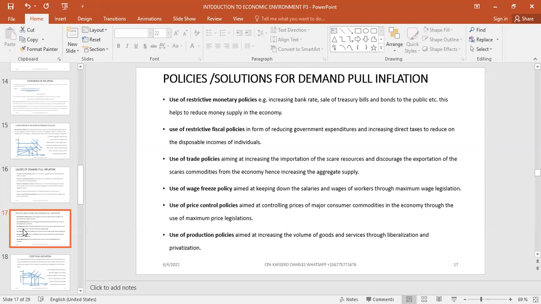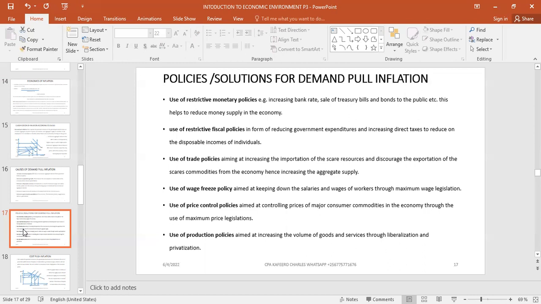The other thing you can also do is the government can sell those treasury bills and bonds to the public. When they sell them, you are trying to get money out of circulation. So when you use that, you can reduce the money supply, and when you do so, we are expecting that even the disposable income of the individuals is going to reduce. As it reduces, it will also reduce the aggregate demand.